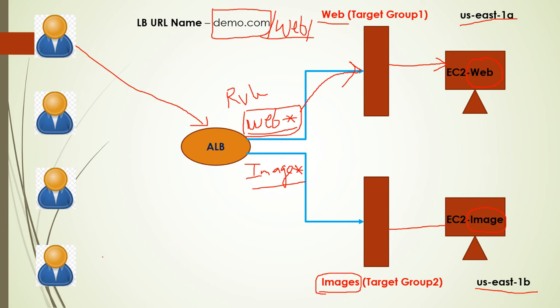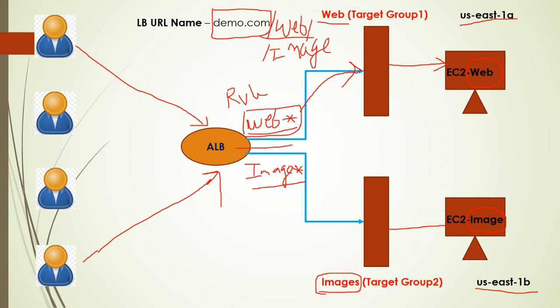In the same way, if some user is trying to access the image, it comes to the application load balancer. The application load balancer further verifies, okay, in demo.com, is there any particular content you have mentioned, like image? It reads your information and says, okay, you are looking for image.